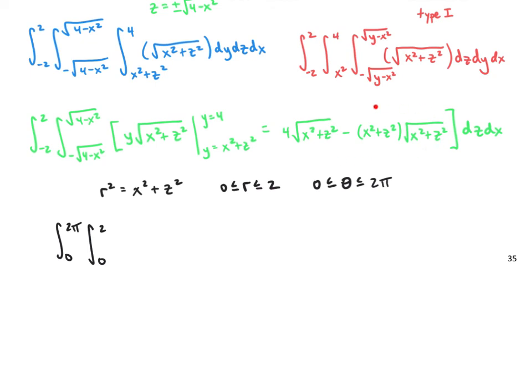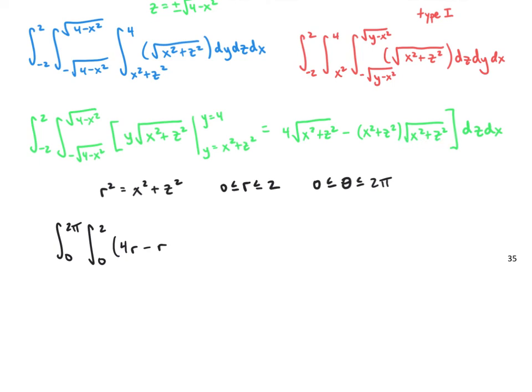So remember, we have 4 times the square root, and I'm going to save a little time here. It's the square root of x squared plus z squared, the square root of r squared, which is just r. So we have 4r minus x squared plus z squared is r squared, and the square root of r squared is just r.